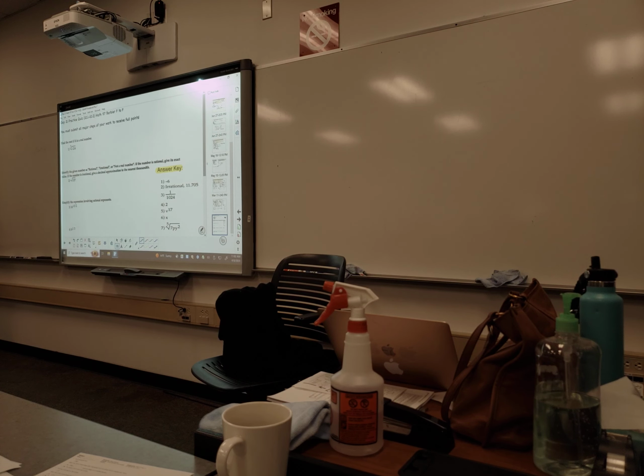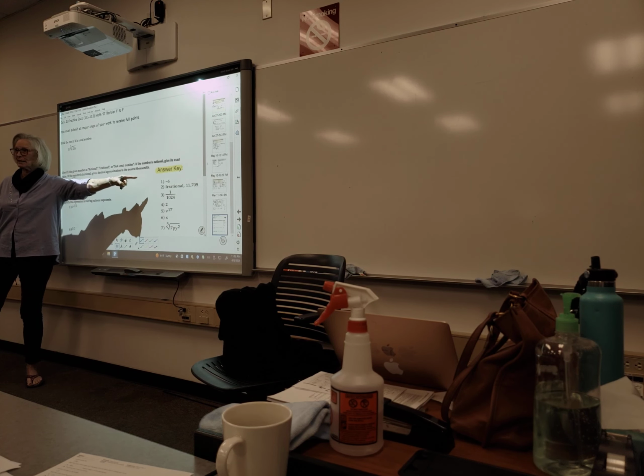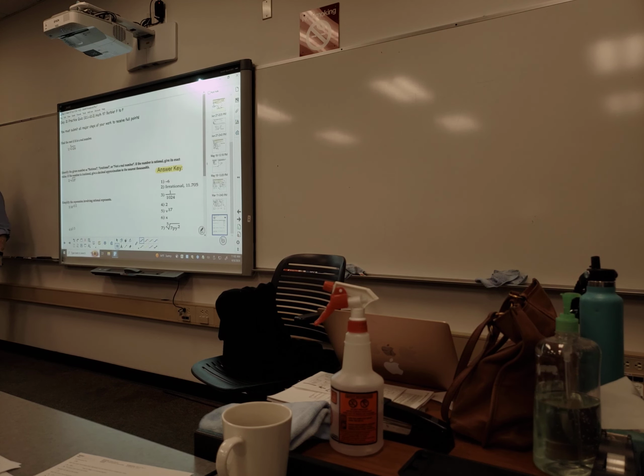The house is good if you've got an odd address. So is there any work for number one? No, but it says find the root. So now you've got to try that on your calculator. And if you don't have your calculator today in class, you definitely want to try that on your calculator and see if you get the answer that's over there.